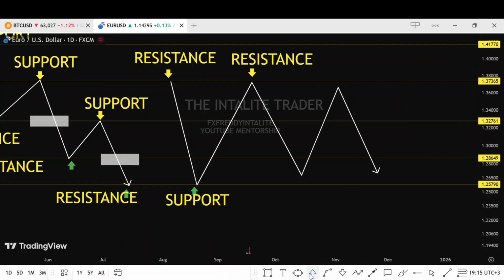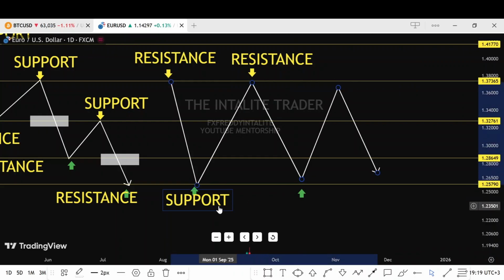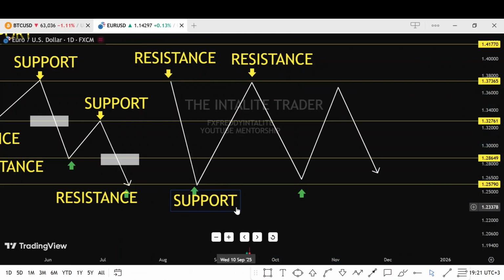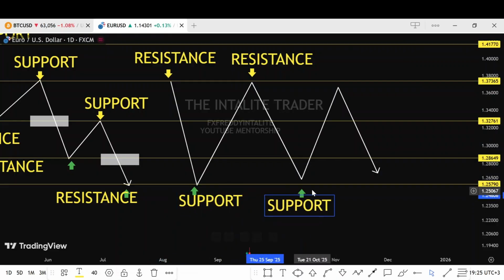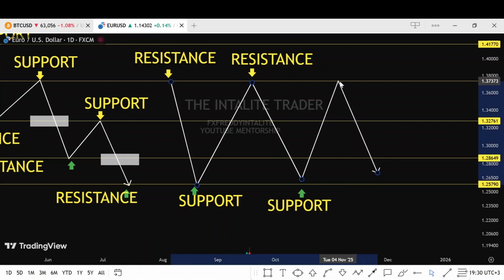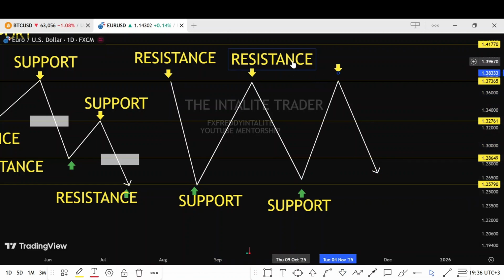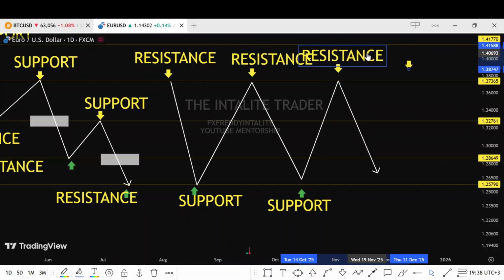And when it comes back down to the same point here, price finds support. It is going to find support to go to trade back in the same level. So that's how price keeps playing around in a ranging market. We said support and resistance.